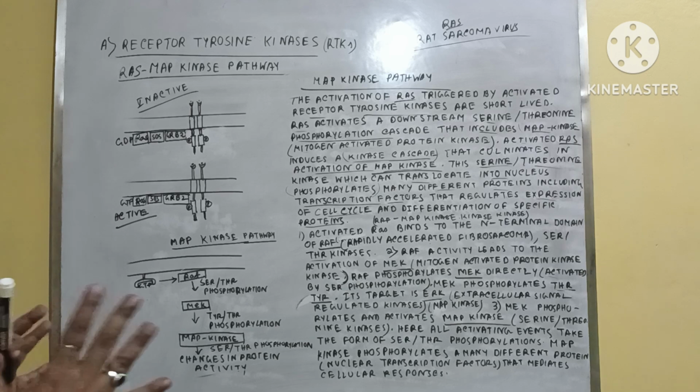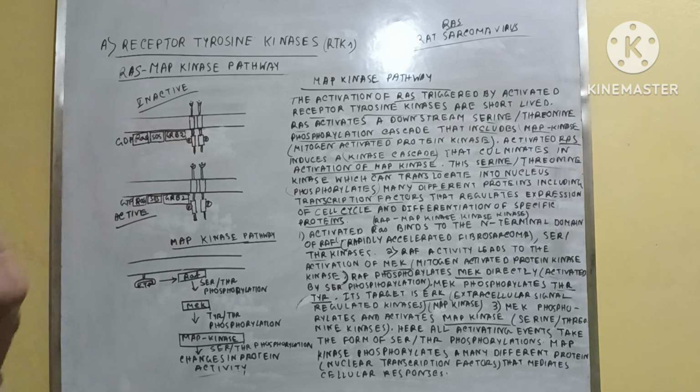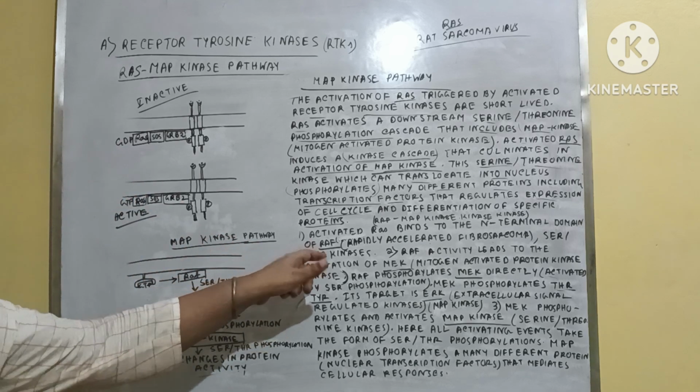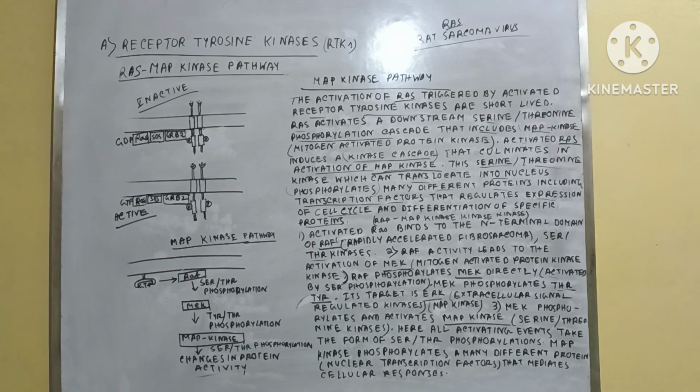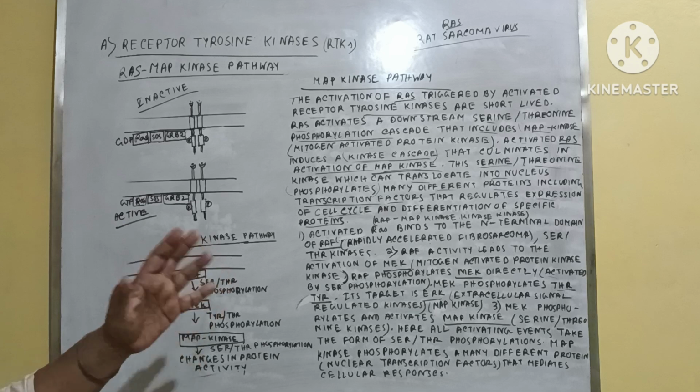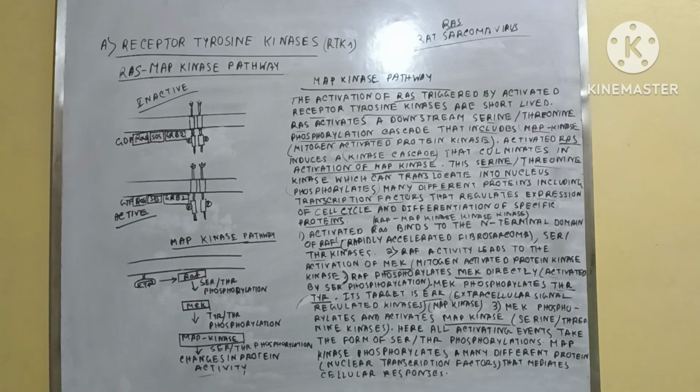Clear? So what is happening first? First RAS is activated, and RAS binds with the RAF, so RAF becomes activated. GTP has an important role here, and if RAF is activated, the serine threonine phosphorylation starts. Just after phosphorylation, MEK is activated, and after that, finally, the MAP kinase activity is completed.